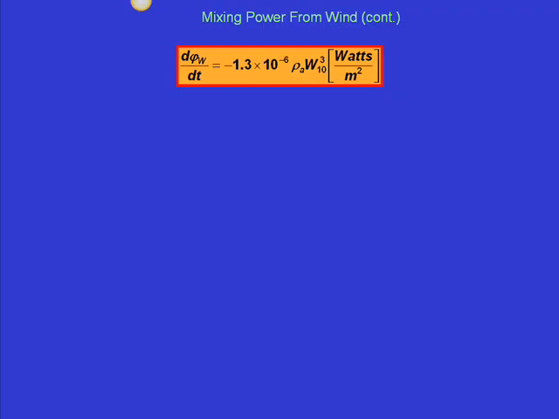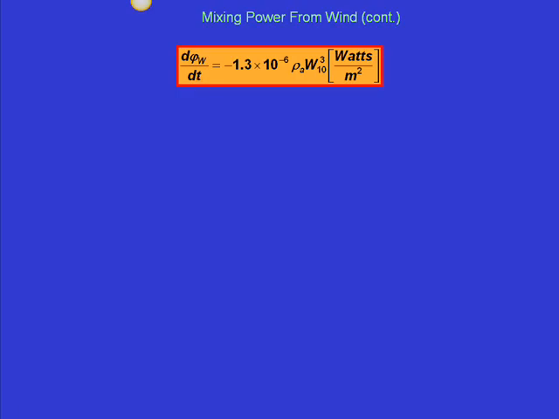Why do we have a minus sign? What is this quantity representing? It's going to get smaller because of wind. Exactly. Wind will tend to destratify the water column. So this will tend to decrease with the wind stress.